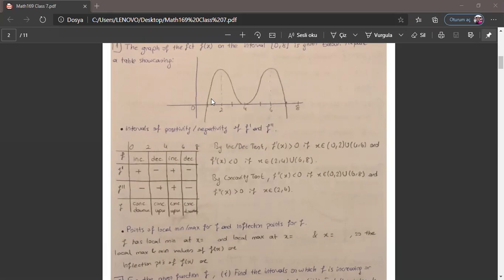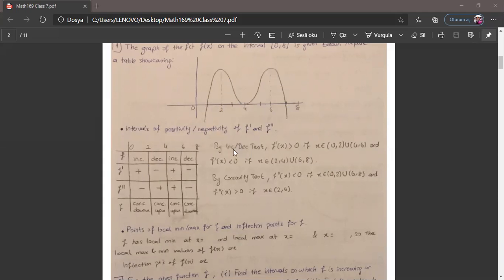So we know if it's increasing, then f prime should be positive, and if it's decreasing, f prime should be negative, by the increasing, decreasing test. So we see it's increasing until this point 2, right? So as we wrote here, it's increasing here, then it's decreasing till 4, and again it's increasing, then it's decreasing after this point 6.